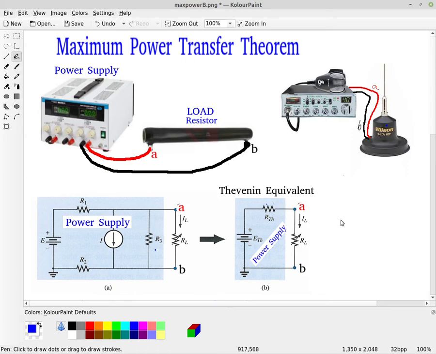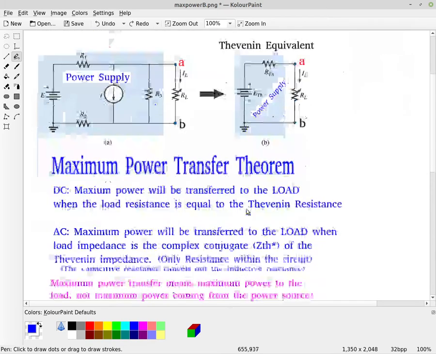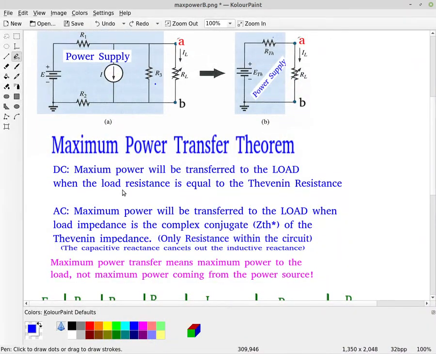So what we want to do is basically do what's sometimes referred to as an impedance match. We want to match this load to the Thevenin equivalent. The maximum power theorem is pretty straightforward. It says that to get the maximum amount of power to the load, you simply have to make sure that the load resistance is equal to the Thevenin resistance.